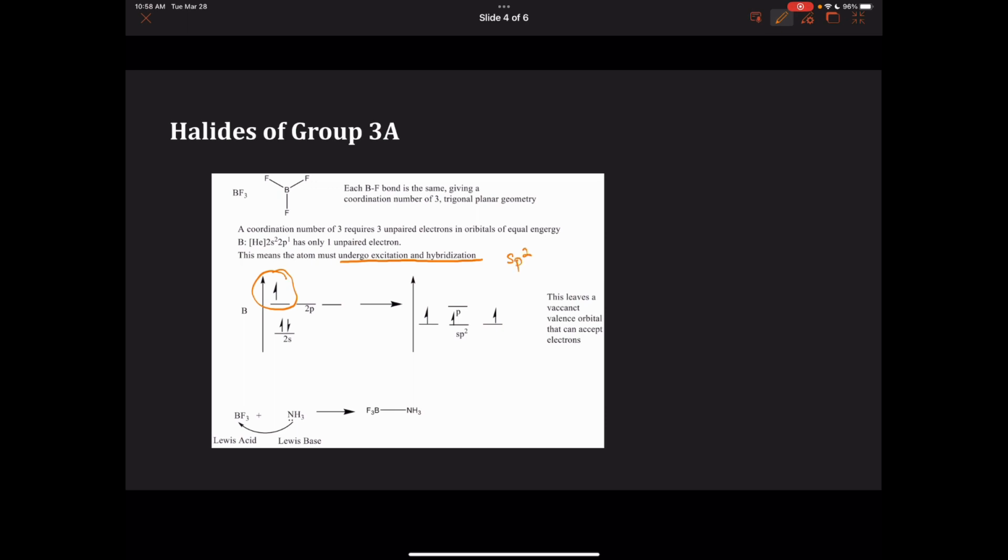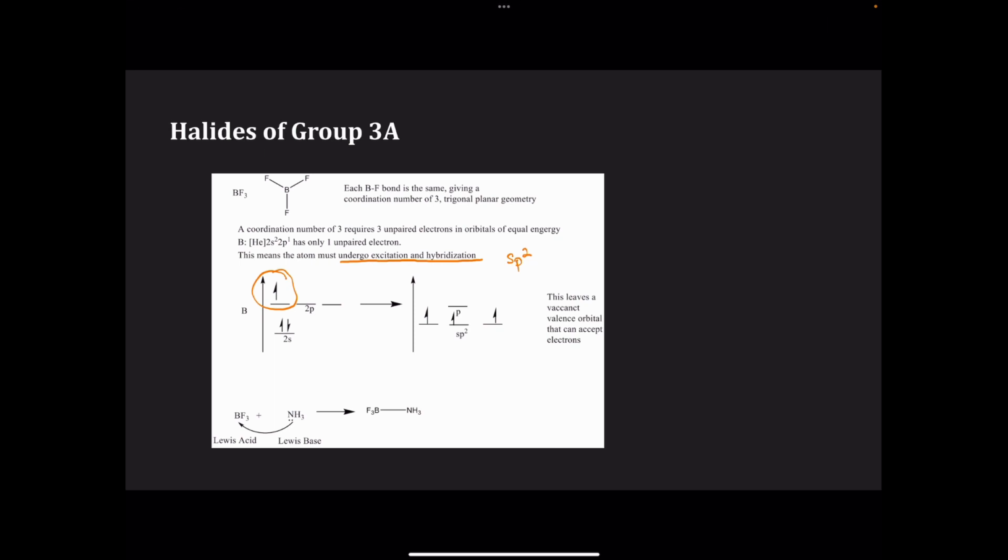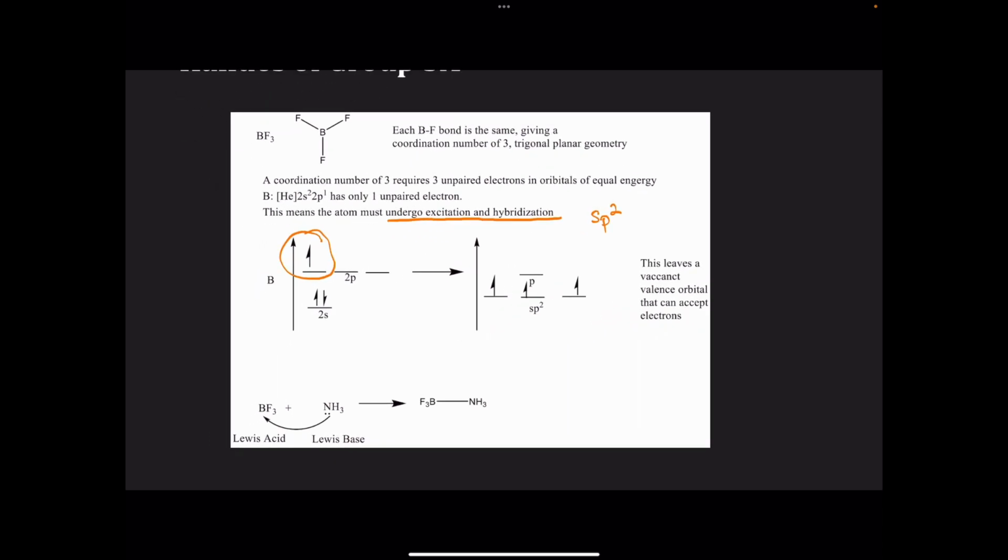So sp2 means our s orbital is going to hybridize with 2 of the p orbitals. That gives us these 3 hybrid orbitals. We fill our electrons into those 3 hybrid orbitals, so I have 3 electrons in equal orbitals. That's going to give us our trigonal planar geometry.